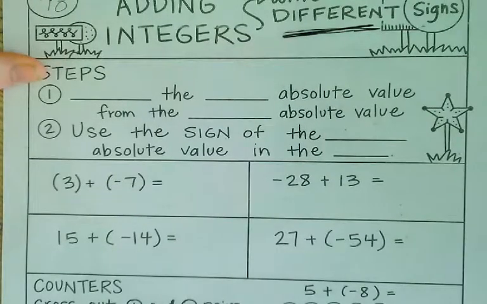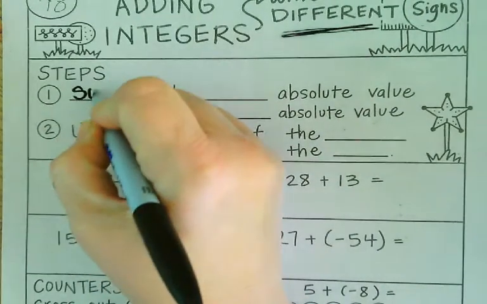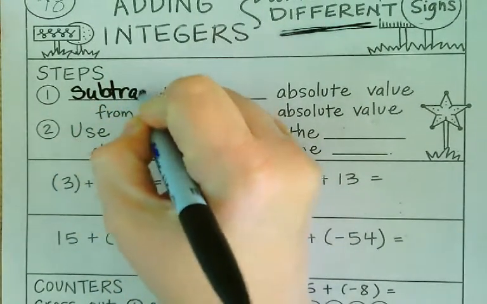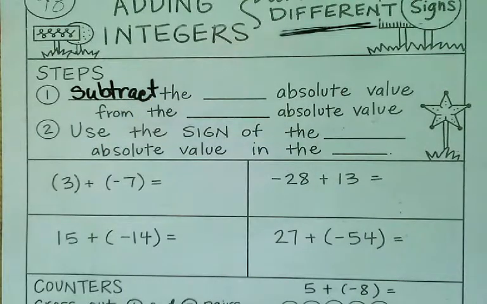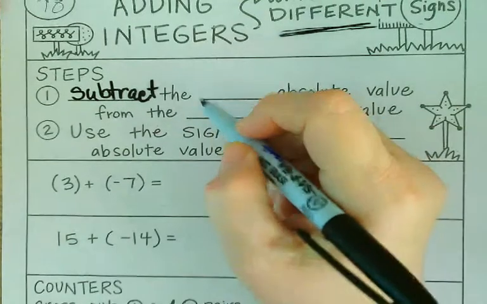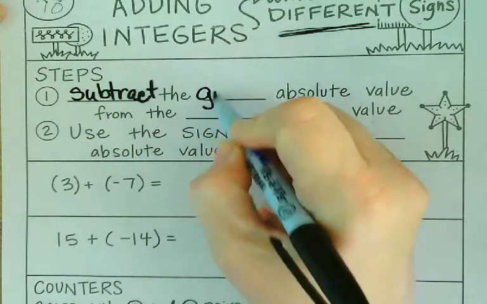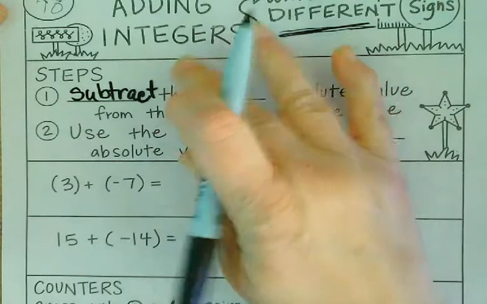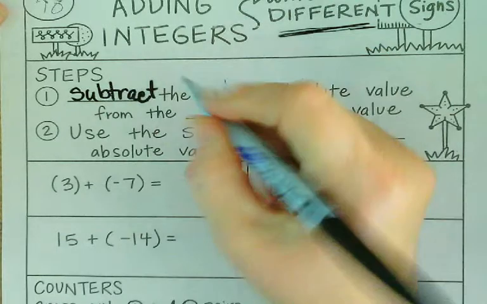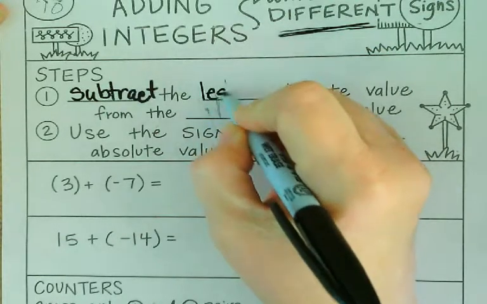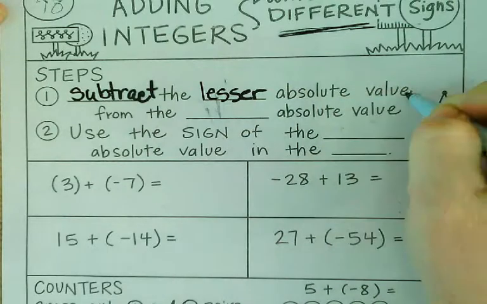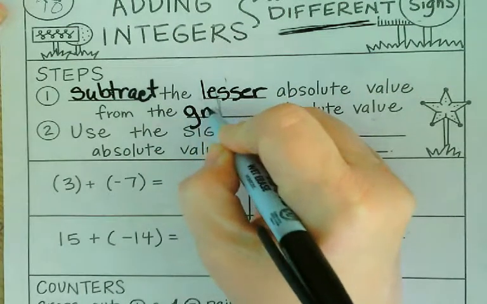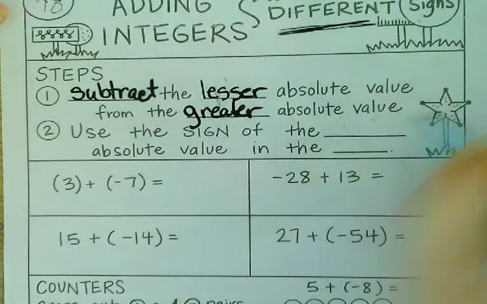So the steps for adding integers with different signs, first thing you want to do is subtract. I know, you guys are going, wait! You said adding, not subtract. Watch. Just watch. You're going to subtract the lesser or smaller absolute value from the greater absolute value.